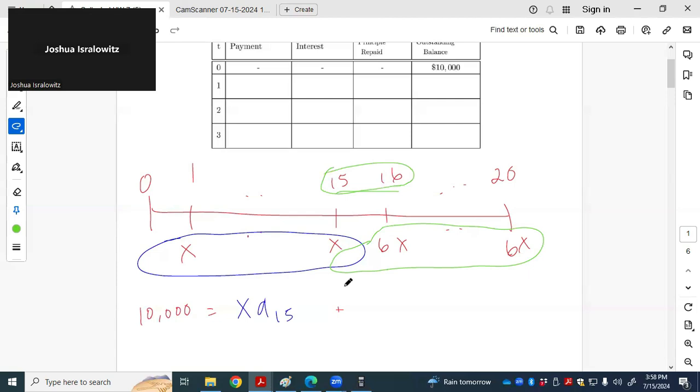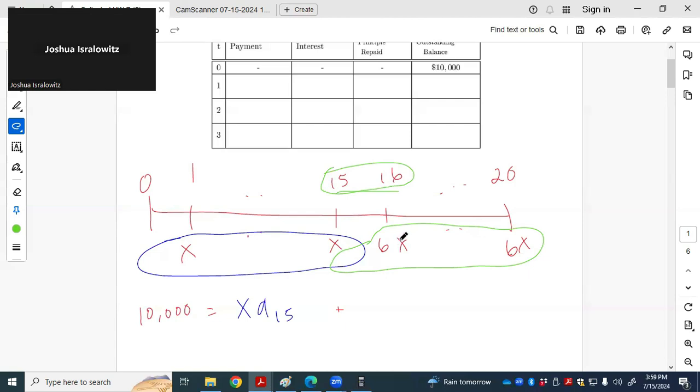So the present value formula gives me the present value at the beginning of the first payment period, which is 15. If it's treated as an annuity due, the first payment period is 16 to 17, with the 6X at the beginning of the first payment period, 16.